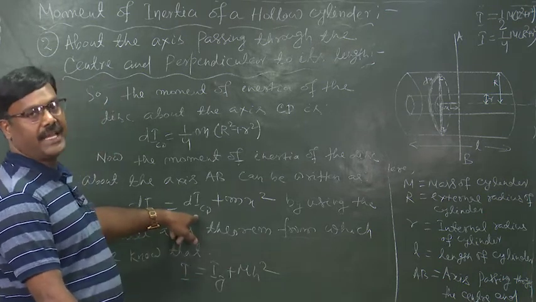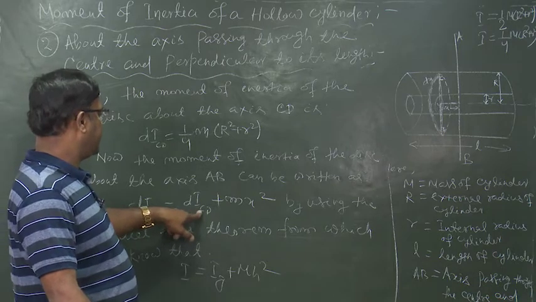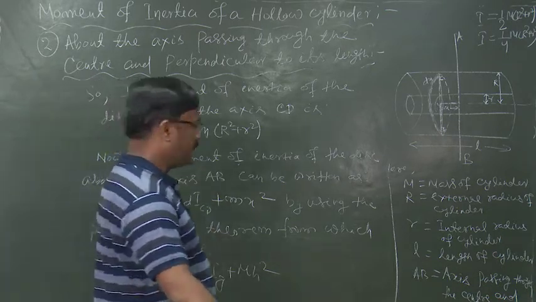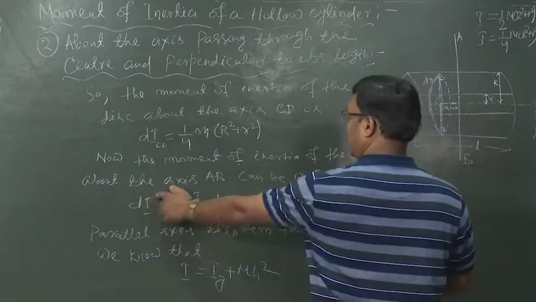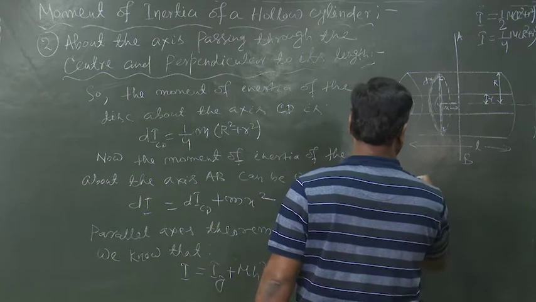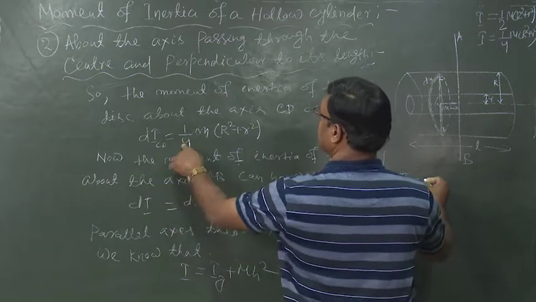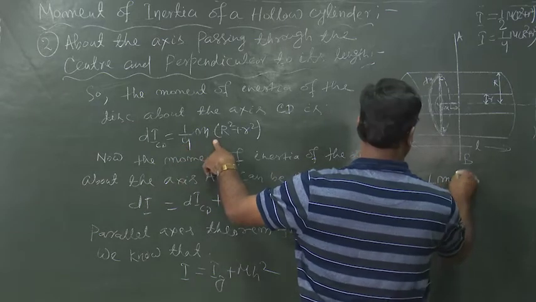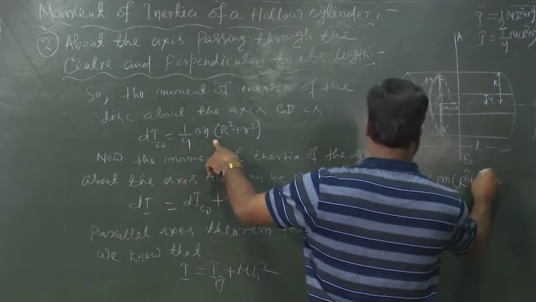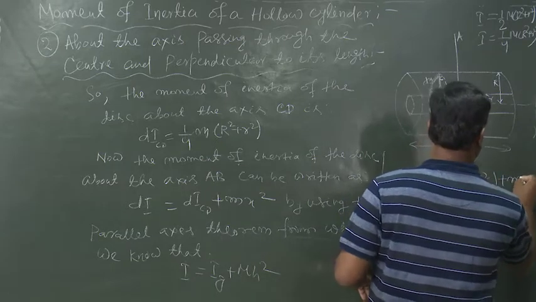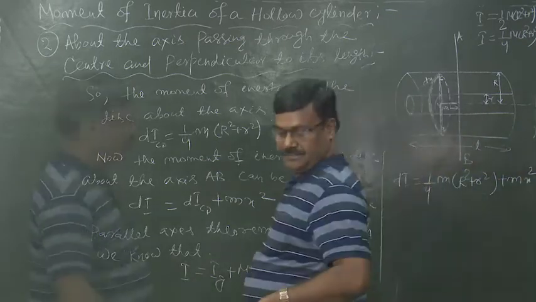Now putting the value of dI CD here, we can write dI is equal to dI CD, which is 1 by 4 m r square plus r square, plus m x square.